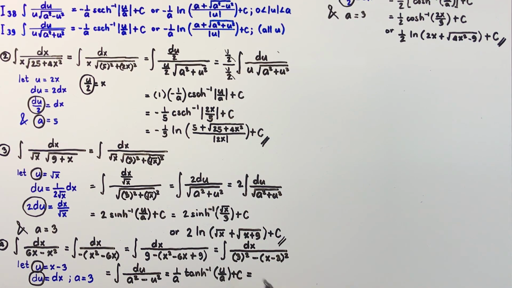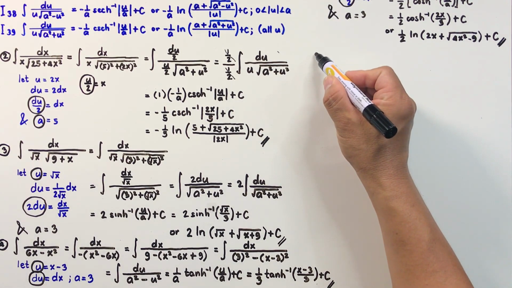So this is equal to 1 over a, but our a is 3, so this is 1/3 times the inverse hyperbolic tangent of u, but our u is x minus 3 over a, which is 3 here. And this is added to the constant of integration c. So this is our answer for example number 4.